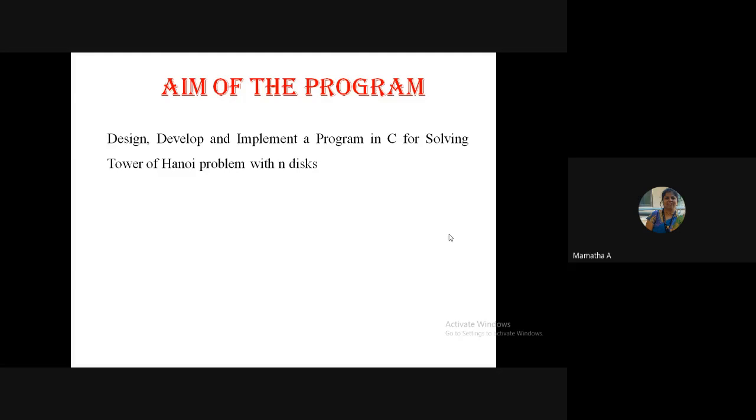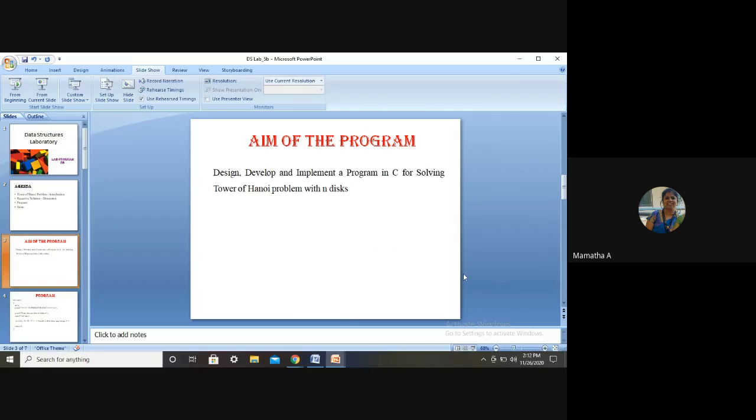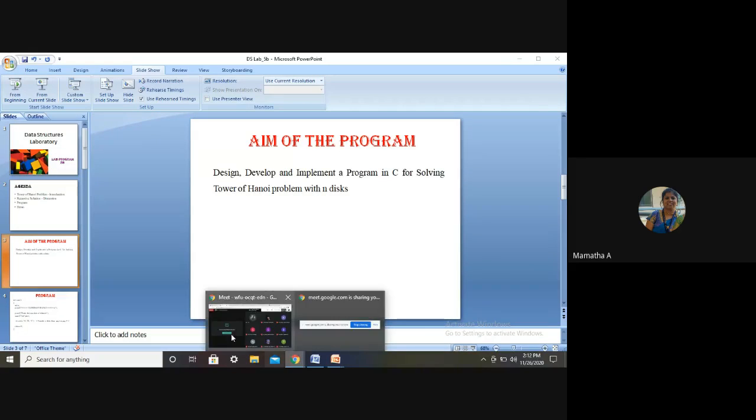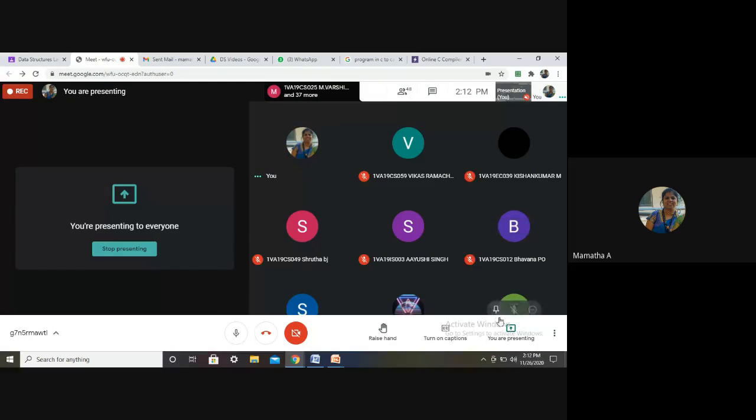To move on, does anybody know what this Tower of Hanoi problem is? I think most of you would have played this game. Any idea, students? Speak out.